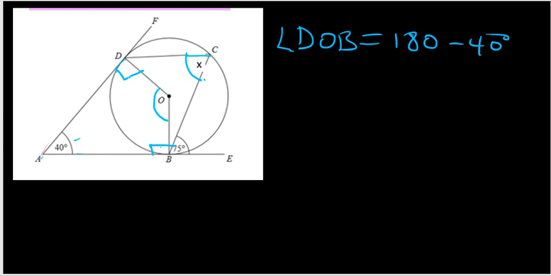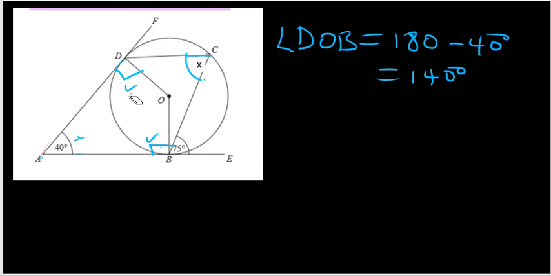So the two angles must be together 180. So this angle DOB has to be 180 minus 40 degrees, because these two are 180, so these two must be 180, together 360. So angle O here, this angle DOB, must be 180 minus 40, that's going to be 140 degrees.